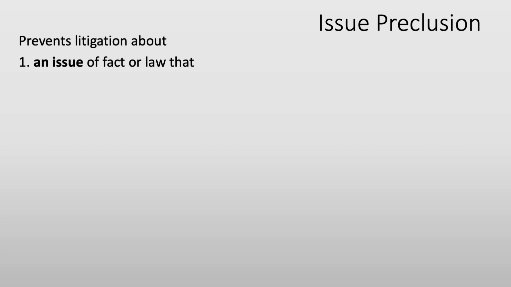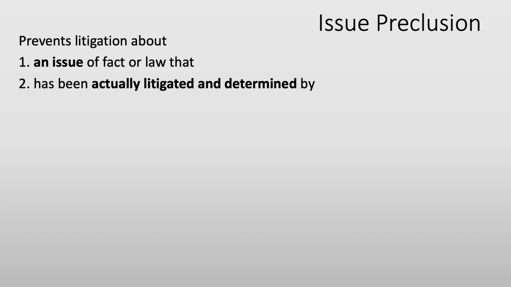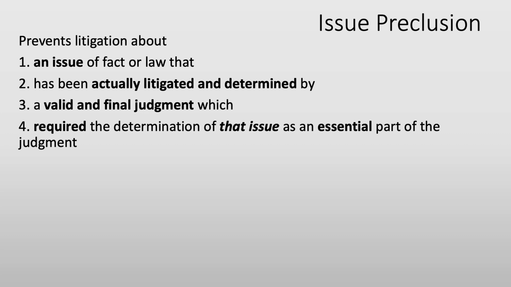Issue preclusion prevents litigation about an issue of law or fact that has been actually litigated and determined by a valid and final judgment that required the determination of that issue as an essential part of the judgment. So not something the court happened to say or happened to find, but something that was essential to the resolution of the issue the first time around.